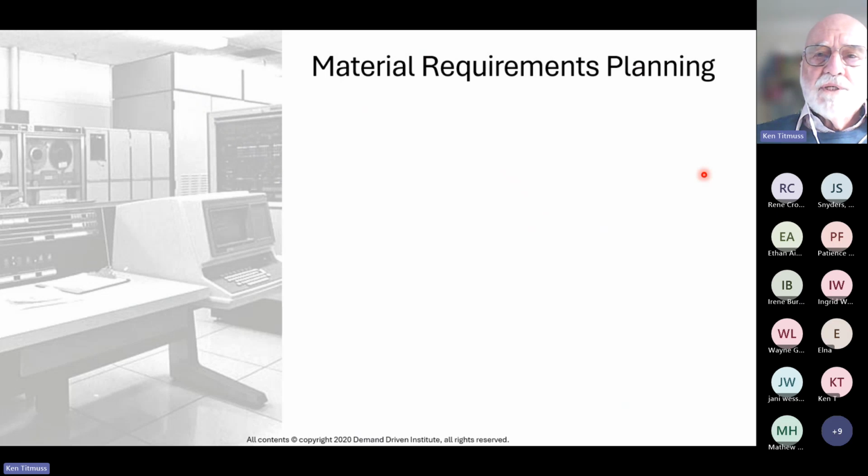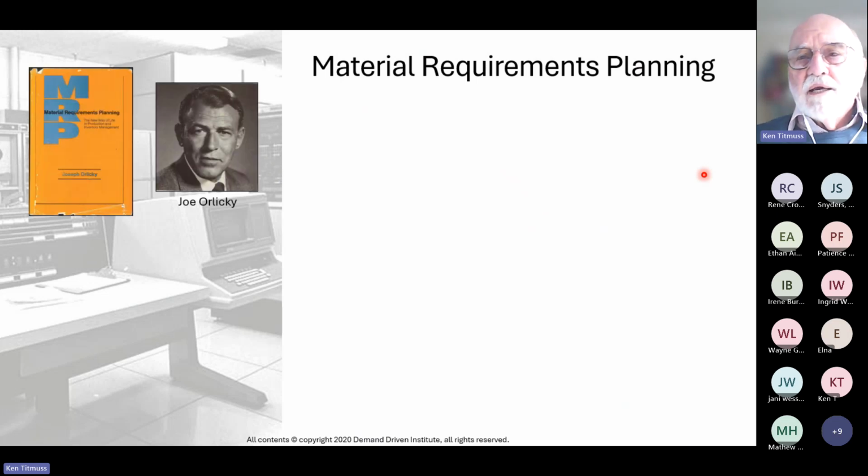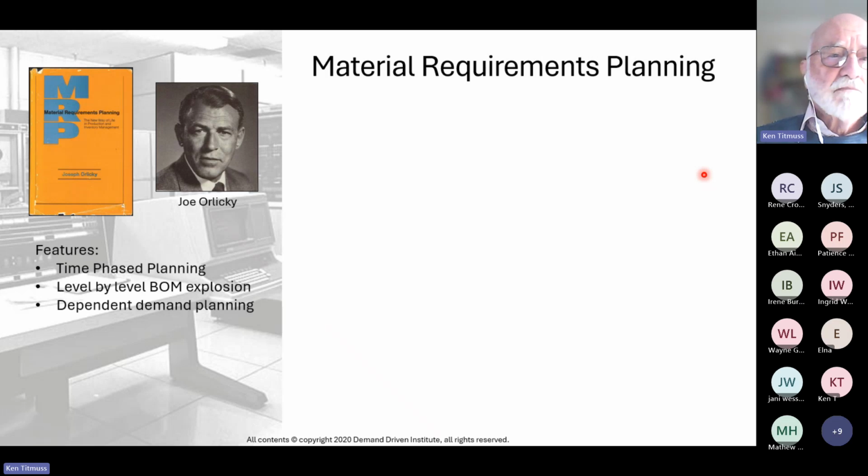So materials requirements planning, where did it come from? How long has it been around? Well, it really came to the fore in the 1970s when Joseph Orlicky wrote his materials requirements planning book. And materials requirements planning gave us some advantages.